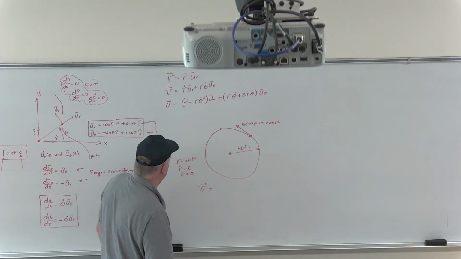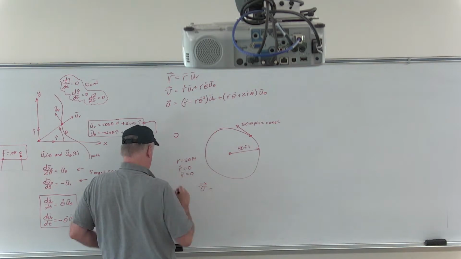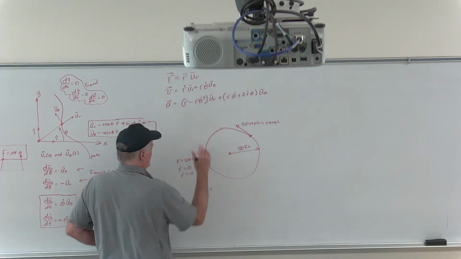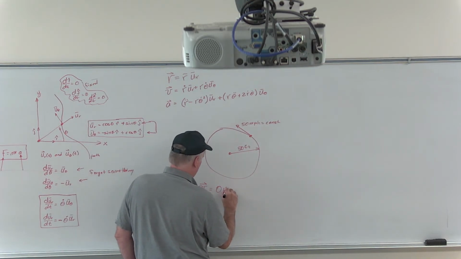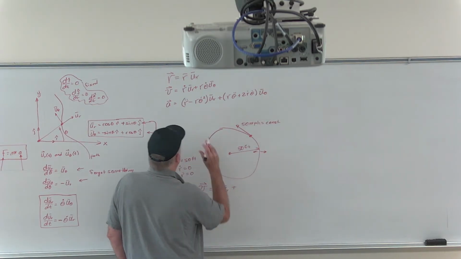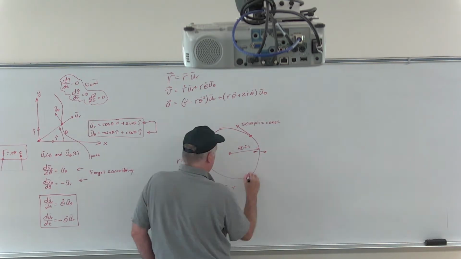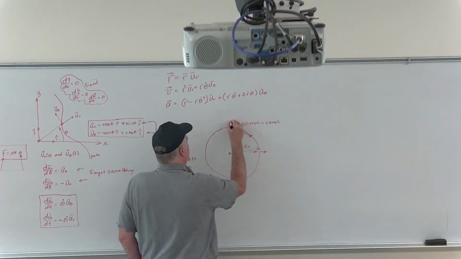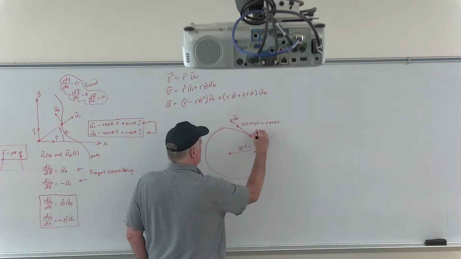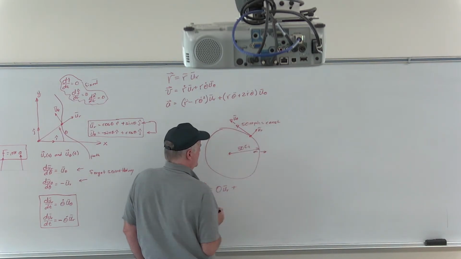So I'm going to write my velocity down. I get 0 U R, meaning I'm not going this way or this way around this circular path. And then I'm going a certain speed in the theta. Now, this is not to scale, but U theta is this way, U R is that way.